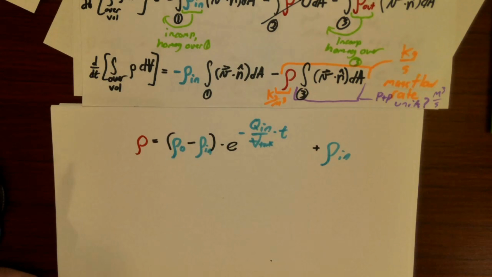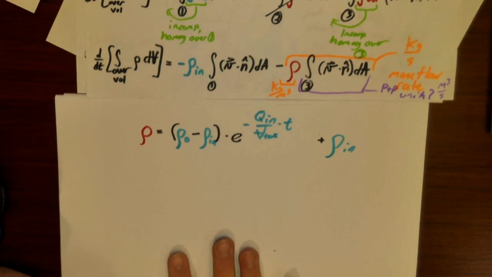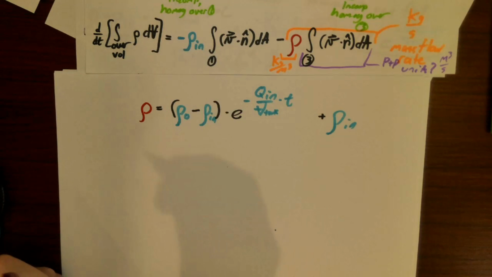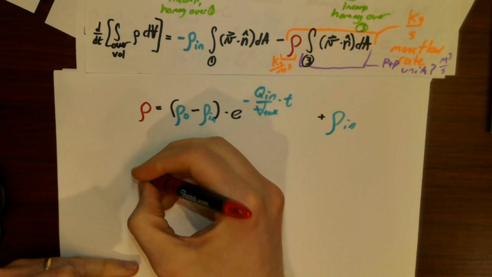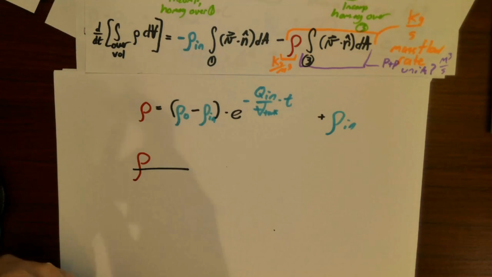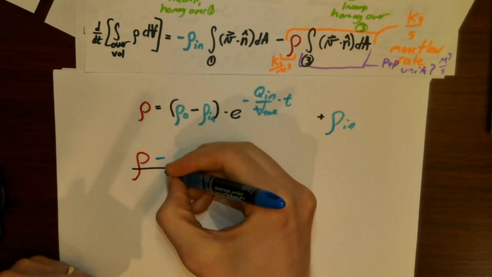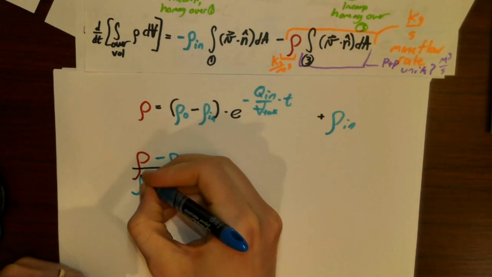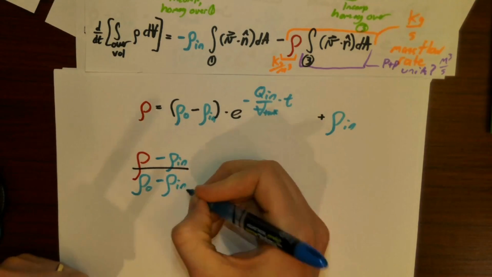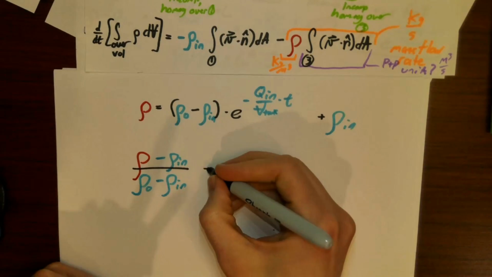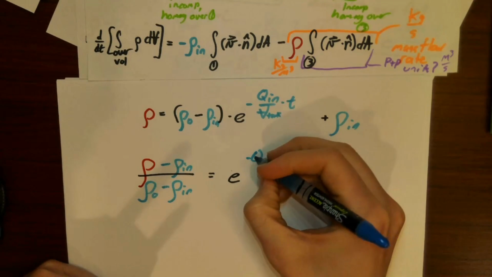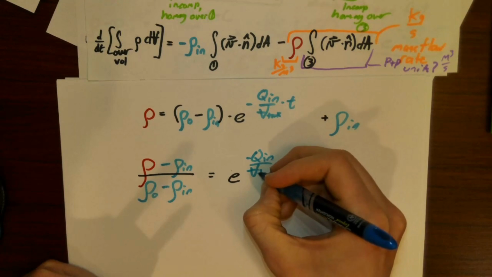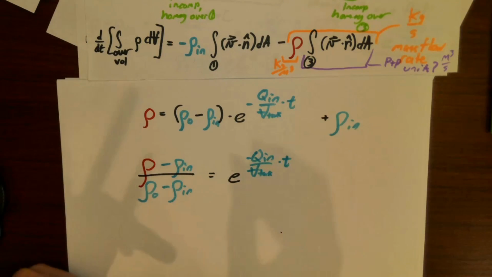One manipulation of this expression that I like to do is to rearrange things a little bit, almost backwards to a form that we had earlier. I like to form it as rho minus rho in over rho naught minus rho in, and that's equal to e to the minus q in over v tank times t.